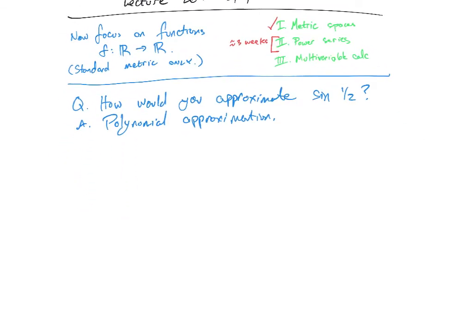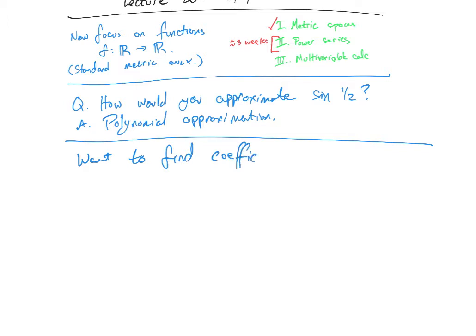Okay, so what we want to do is find some coefficients so that, let's do, what do we want to do? Let's do degree 3.